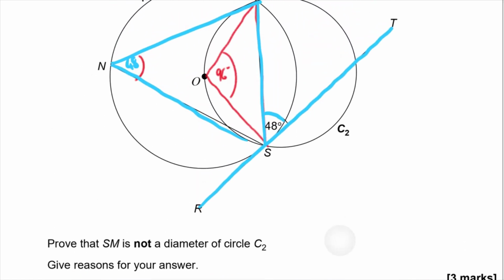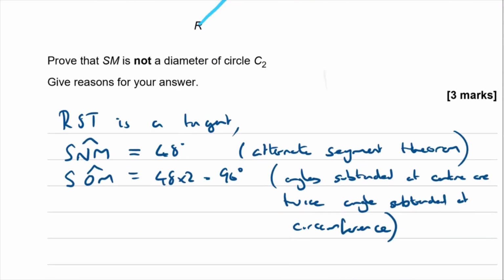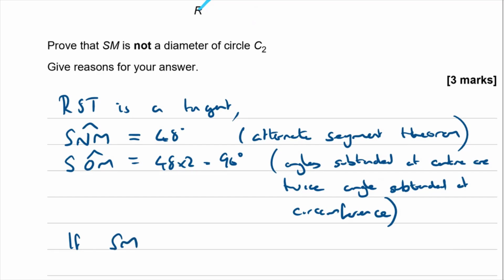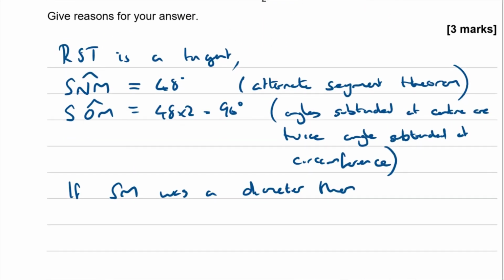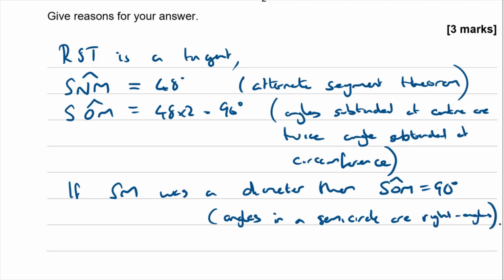And then now we're saying that if SM was a diameter, then SOM would be 90 degrees, and that is because angles in a semicircle are right angles, and it is not. So SM is not a diameter.